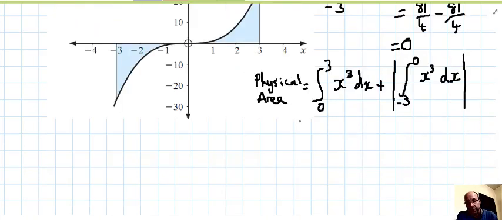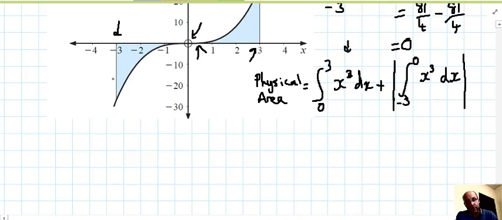So for the physical area, we have to break it into two parts. You need to, either with your graphics calculator or analytically, work out where the intervals are such that the graph is above and below the x-axis. So on this one, it's pretty easy. We can see that it's between 0 and 3, that interval of x. You've got a straightforward definite integral there.